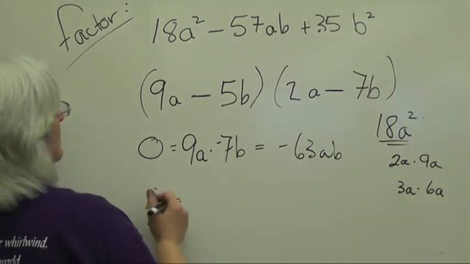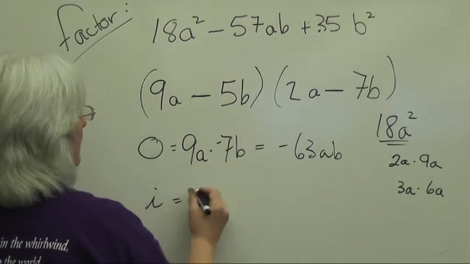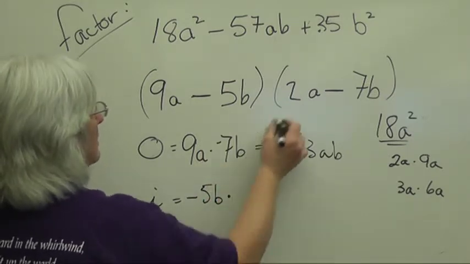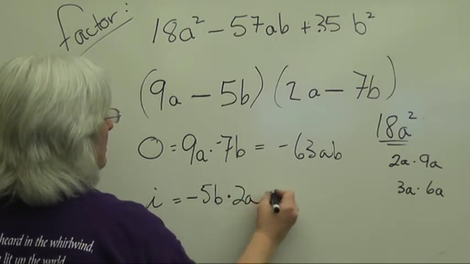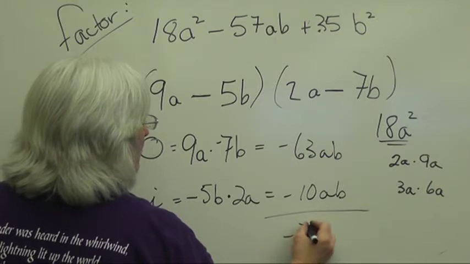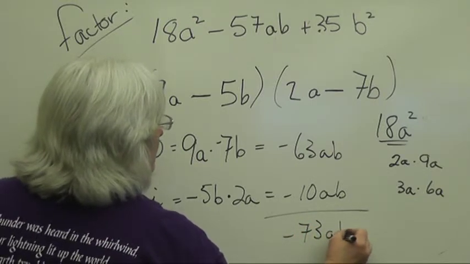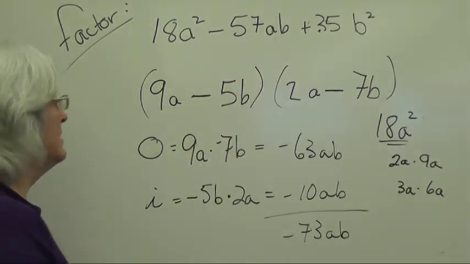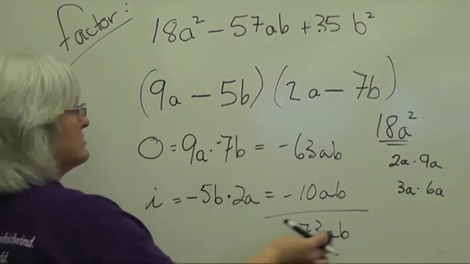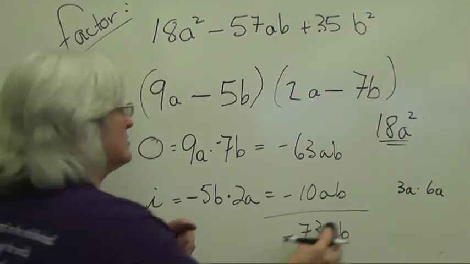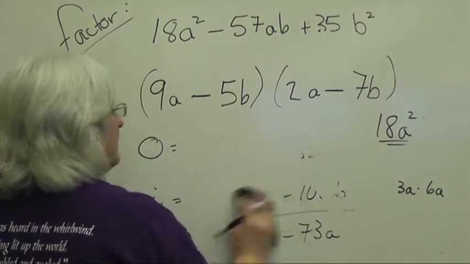The inside terms would be negative 5b times 2a, which is a negative 10ab. Well, we're getting worse. Negative 73 is even further away. So we know that our factors of 2a and 9a are not involved in our solution. Let's keep on trying.